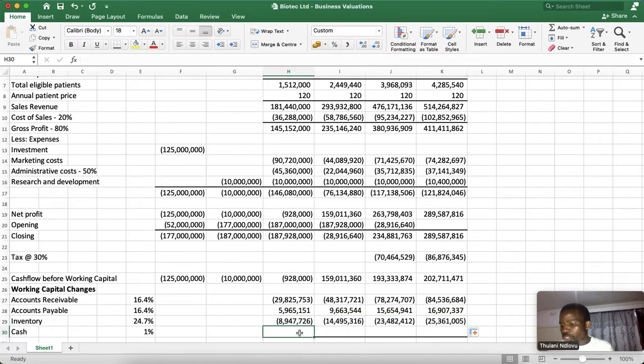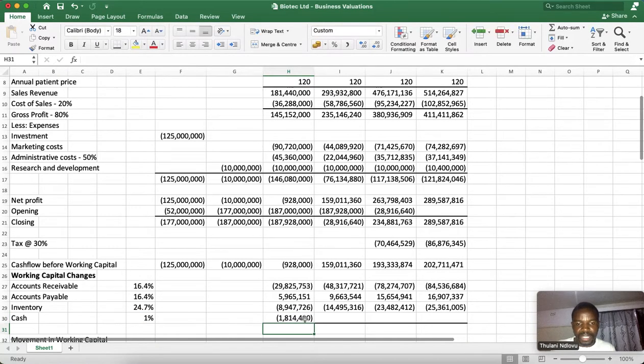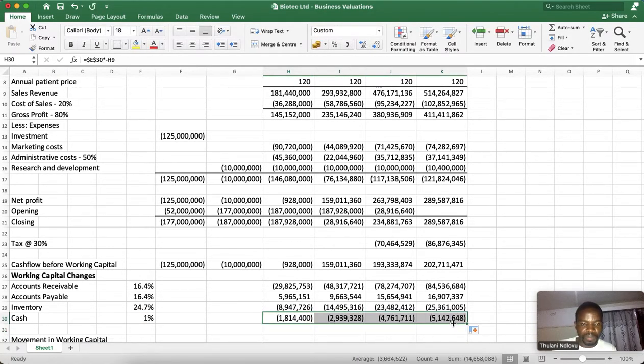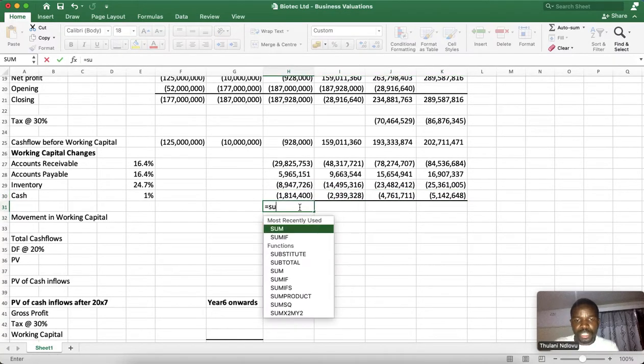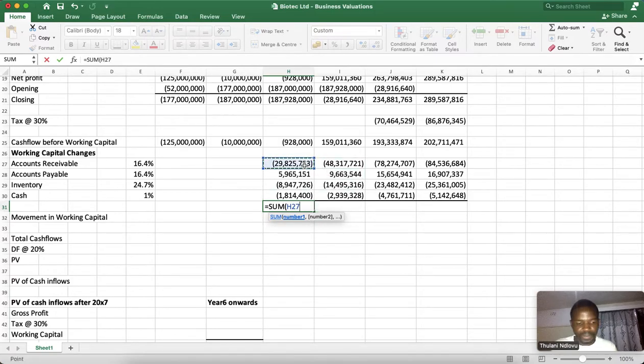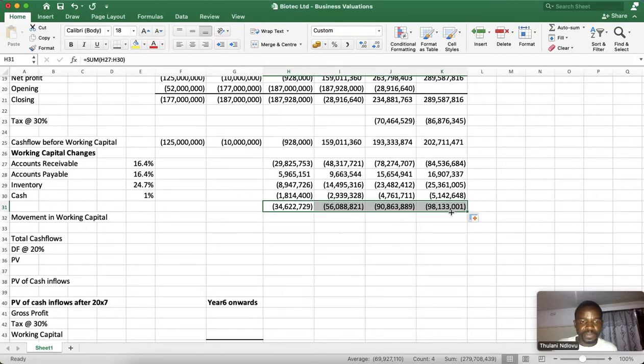Then we are also told that operating cash is expected to be 1% of sales. So we'll say 1%. Cash also needs funding, multiplied by our sales. Then we copy the formula there. Then we have our total working capital. We can copy the formula.